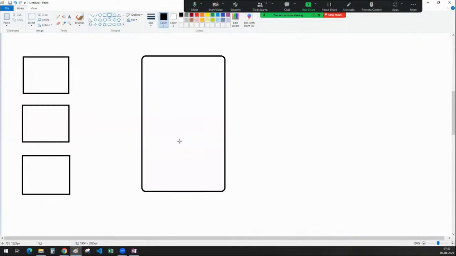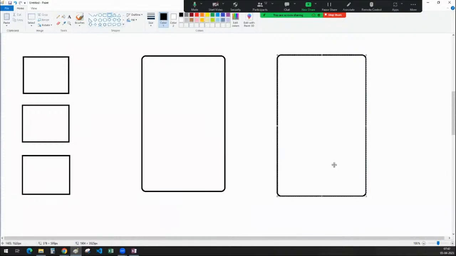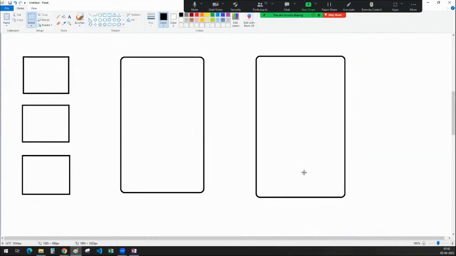Once we have the data in the staging layer, we want to send that data to the data warehouse.